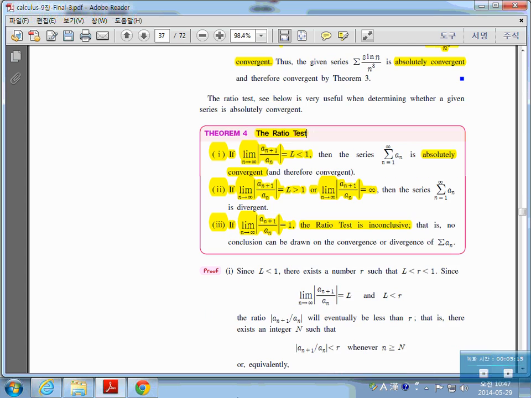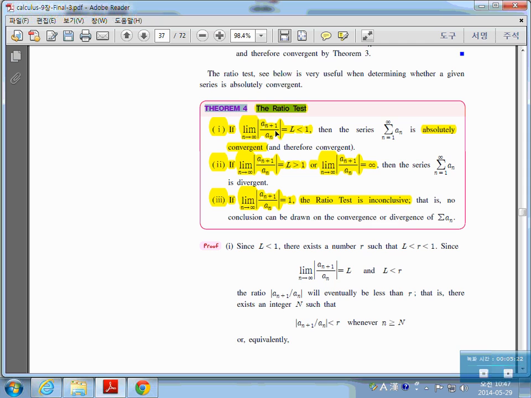The next test is Theorem 4, the ratio test. If the limit of the absolute value of a_{n+1} over a_n is equal to L, which is less than 1, then the summation of a_n is absolutely convergent, so it is convergent.